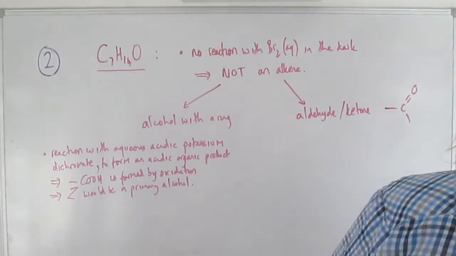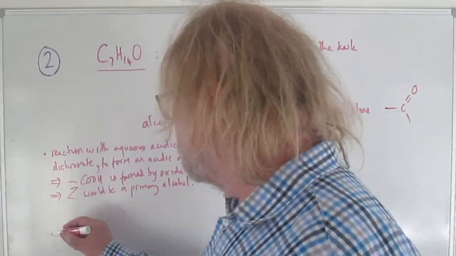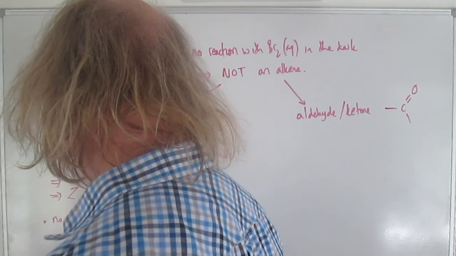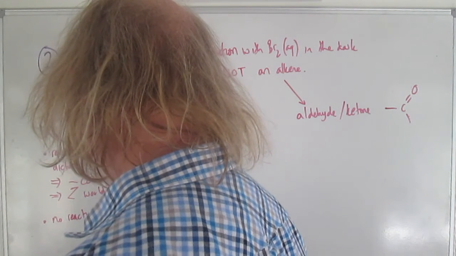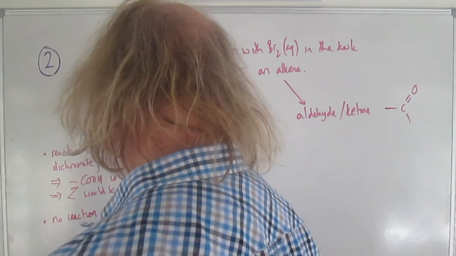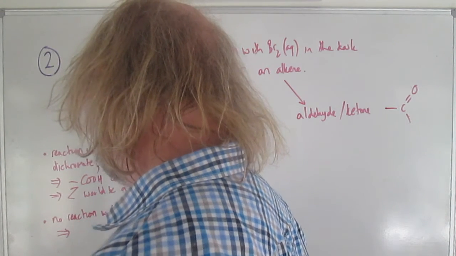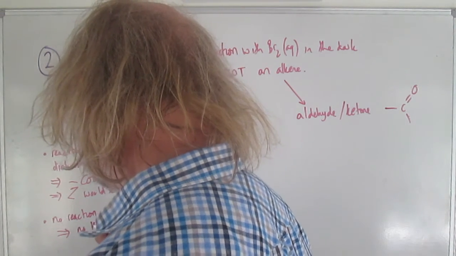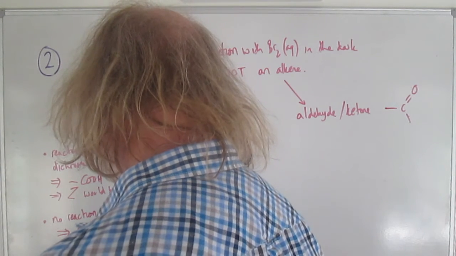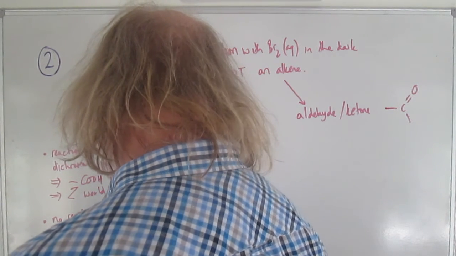So let's write down what that means. So we've got no reaction with concentrated sulfuric acid, which means that there's no hydrogen on the carbon next to the one with the OH.